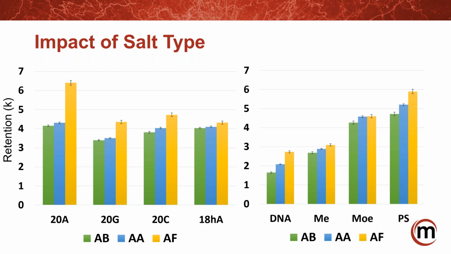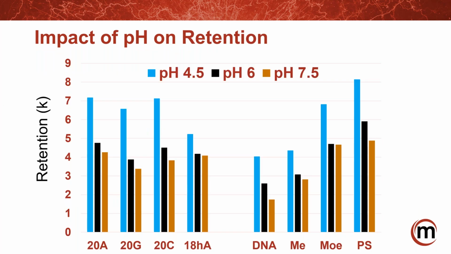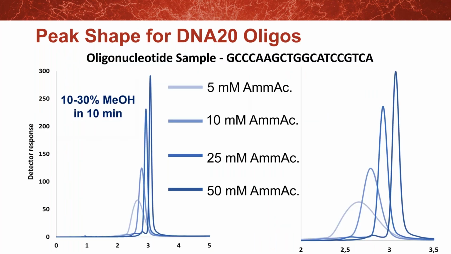So there are ways to play with this, and we've looked at all of them, but we chose ammonium acetate as the concentration, and that's because that gave us the pH range where we wanted to be to get the most stable retention times. So this was retention, looking at all of those, and you can see across all of them, we weren't seeing these shifting retention times, which is what you were looking for.